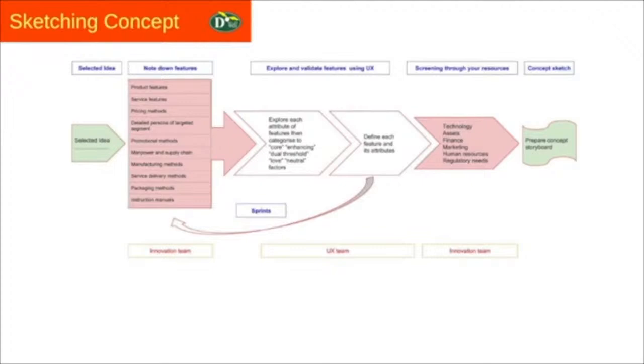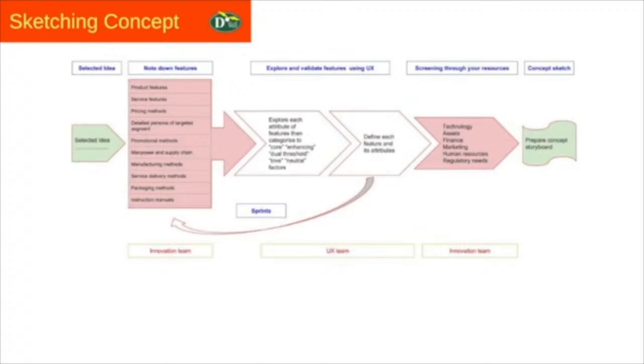From this idea, the innovation team notes down all the features of the product or the app: service features, product features, promotional features, service delivery features, and a lot of aspects. It's not done yet. Then we explore with the end users or targeted users using the UX team.